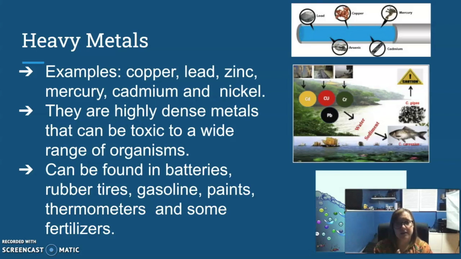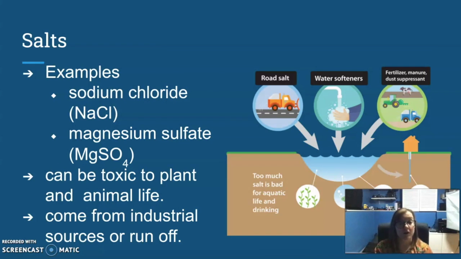Because they're very highly dense metals, and they are toxic to all types of organisms. We have these in our batteries, our tires, our gasoline, our paints, our thermometers, and even some fertilizers. And so we need to make sure that we've got those contained in a way that they are not going to affect our aquatic life, as well as all other life, of course.